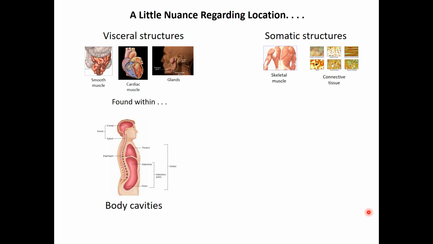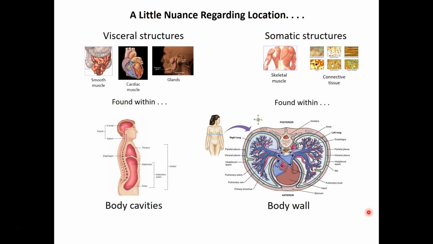If you think about the converse to this location, these body cavities, really this shell around the cavities, this is where we find somatic structures, and this includes an extension off of this shell, which are the limbs. So here we're seeing an axial cross section through the body. This is in the region of the thorax, so this is anterior or towards the front.